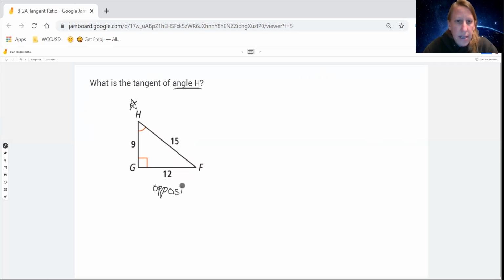Which side is next to it, the adjacent side? There's two that are next to it, but one of those is the hypotenuse. How do we know which one's the hypotenuse? The one across from the right angle is the hypotenuse, which means that the other leg is called the adjacent side.